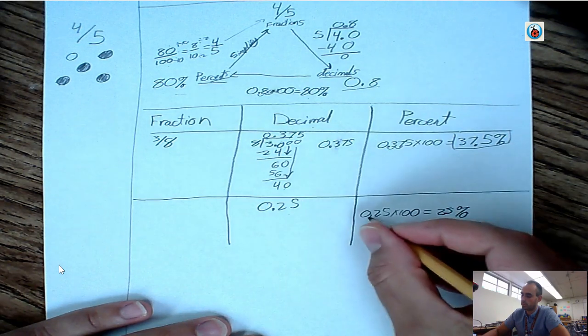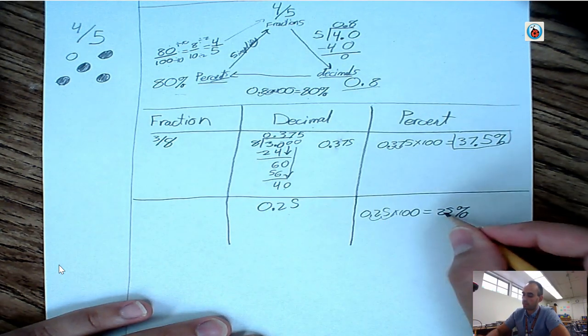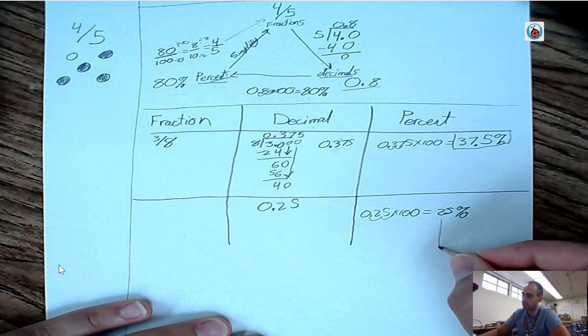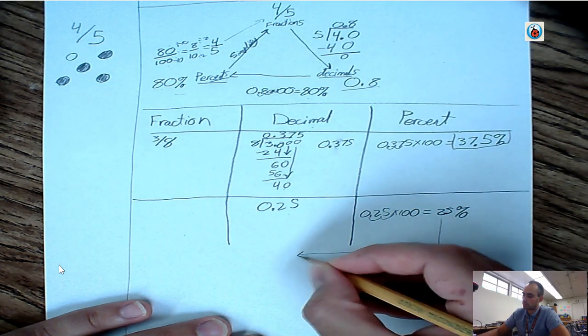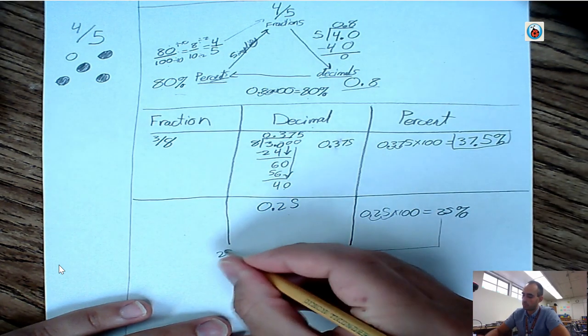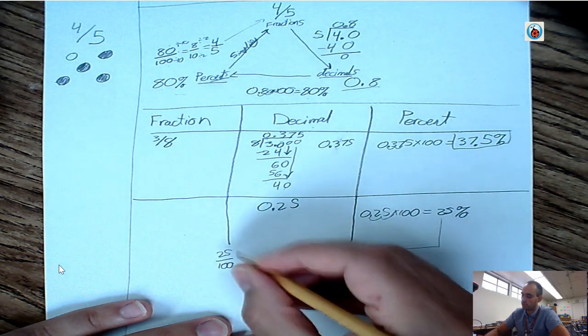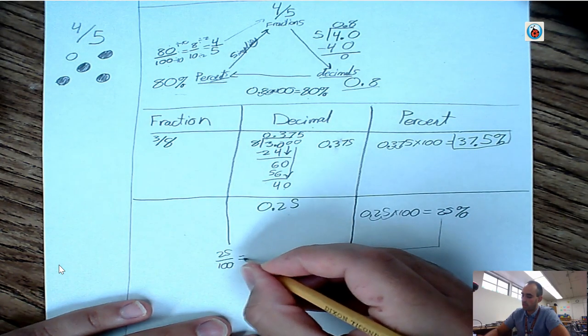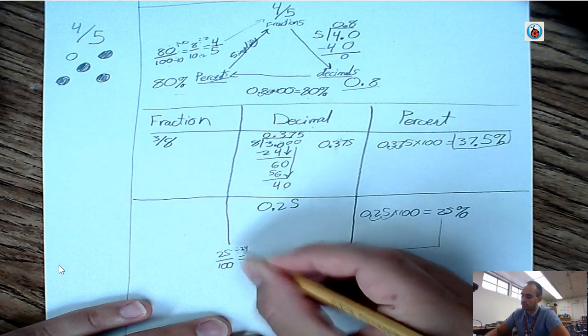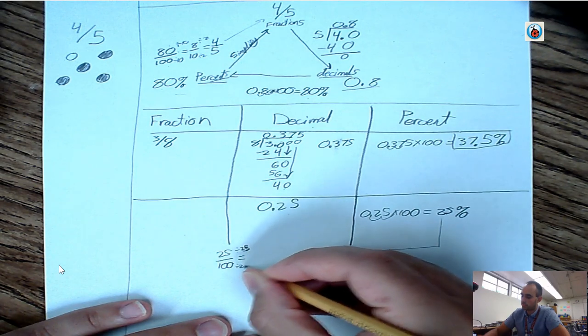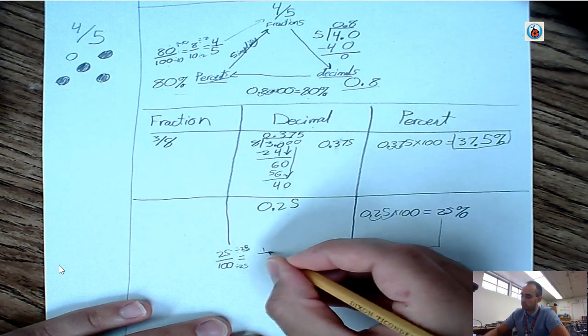Real simple. Remember, we move the decimal over. How do I get from my 25% back to a fraction? Remember, I'm going to take my 25 over 100, reduce the top and bottom. I can divide top and bottom by 25, and I'll get 1 over 4.